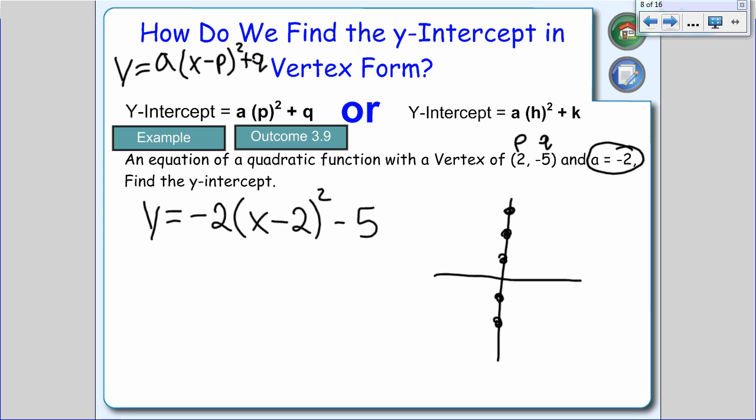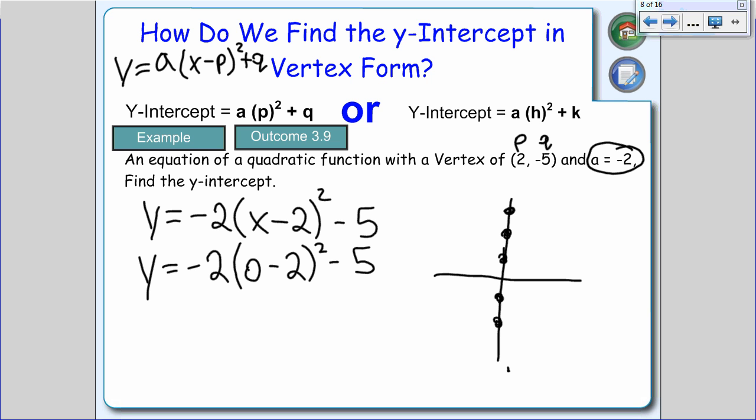So it's y is equal to negative 2(0 minus 2) squared minus 5. Negative 2 squared is just 4. 4 times negative 2 is negative 8. So y is equal to negative 8 minus 5 more.